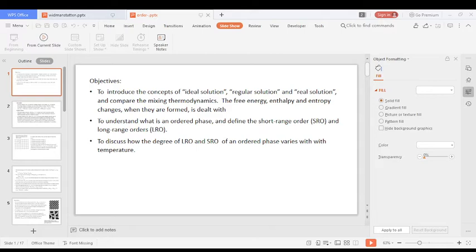Another type of ordering which is possible, in C, corresponds to Cu3Au. So the gold atoms are now occupying the corner positions of the unit cell, and the face-centered positions are occupied by Cu. That gives a stoichiometric ratio of 3:1.